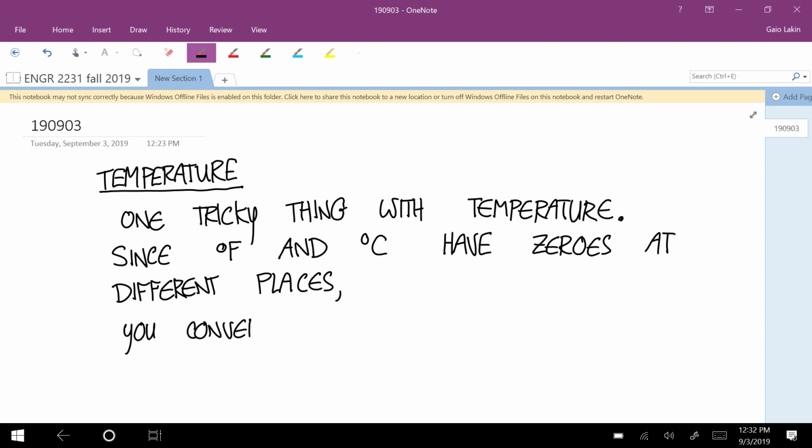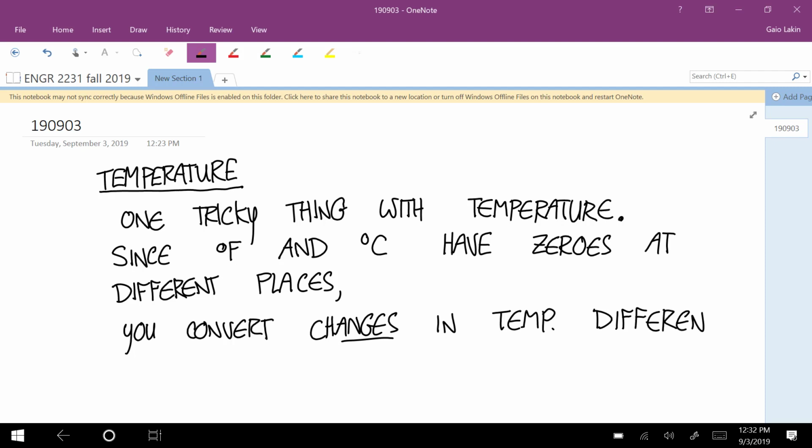So you convert changes in temperature, or temperature differences, differently than you convert instantaneous temperatures.